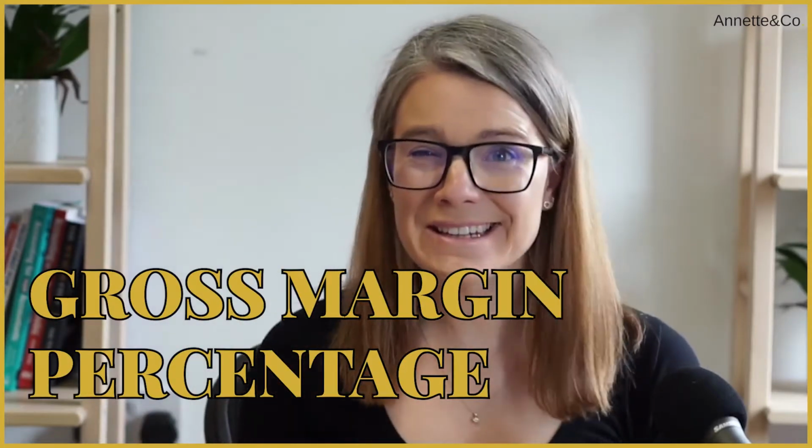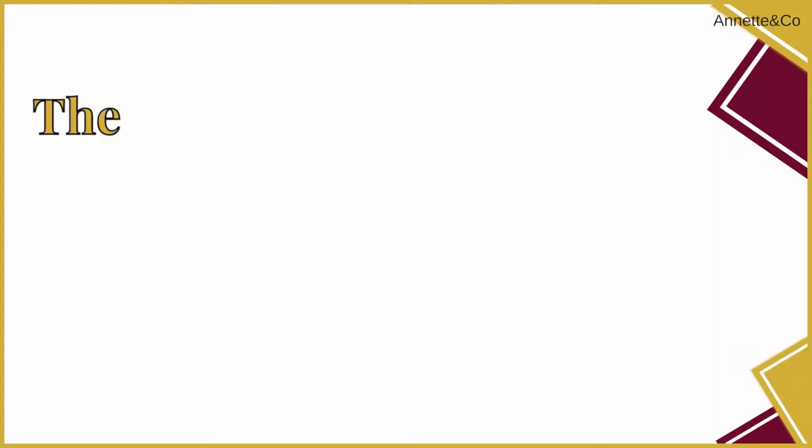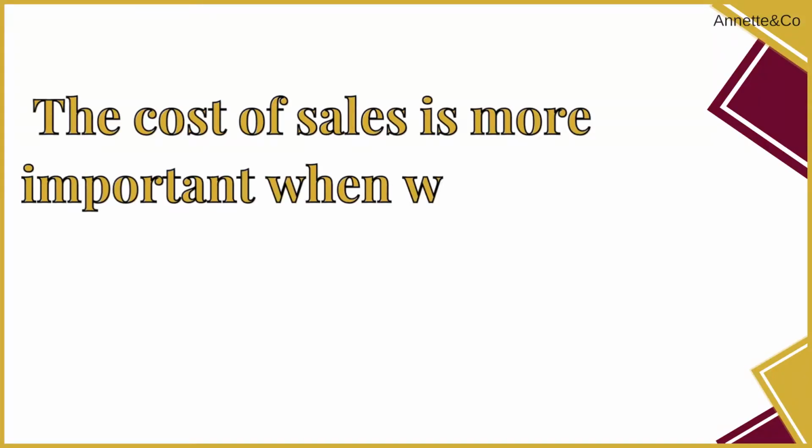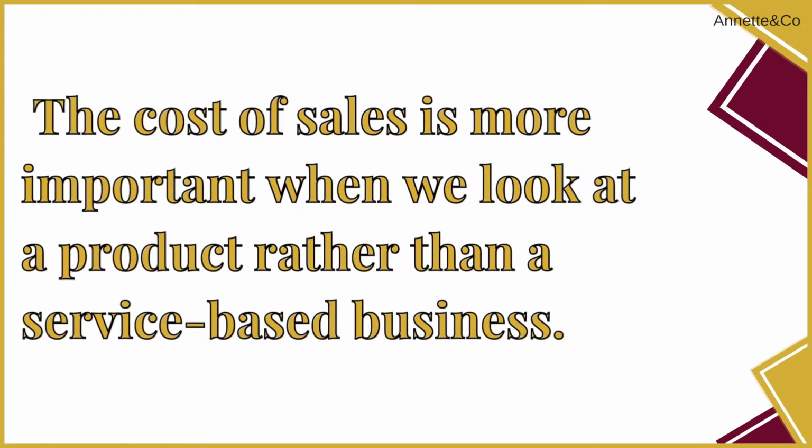And typically, gross margin percentage is often looked at when we're speaking about a product-based business. Not exclusively, but typically it's in relation to product-based businesses because cost of sales becomes ever so more important when we are looking at a product rather than a service-based business.